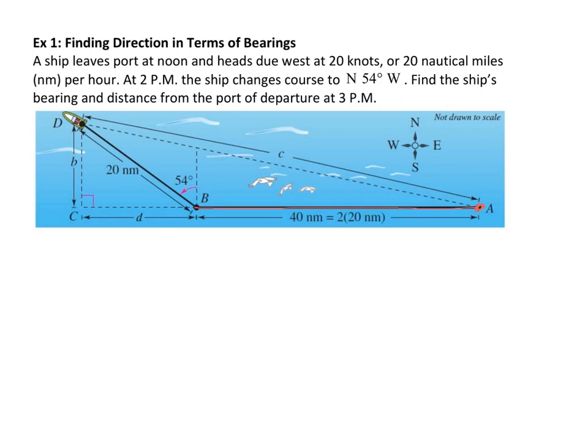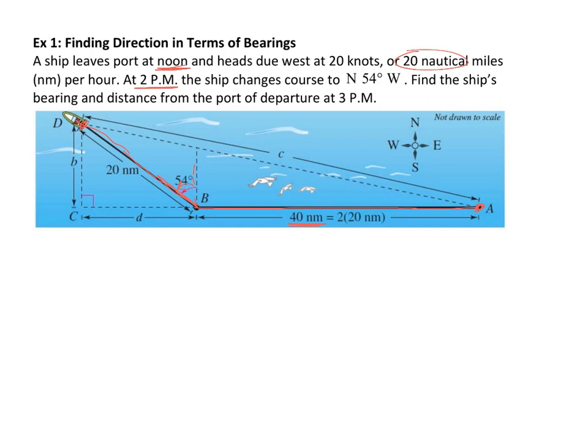We know this is 40 here because it's going 20 nautical miles per hour, and it started at noon and changed direction at 2 p.m. So it's been traveling for 2 hours, 2 times 20, we get 40 here. Then it changes direction, so north 54 degrees west, that's going this way now. Once again starting from north, and then you rotate 54 degrees west. And this is where the ship is now.